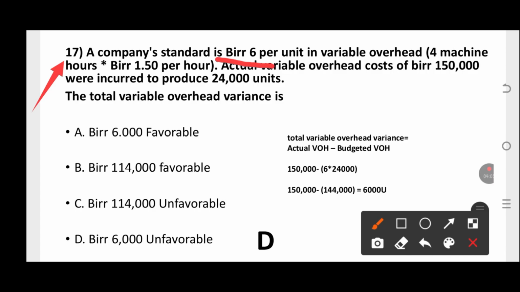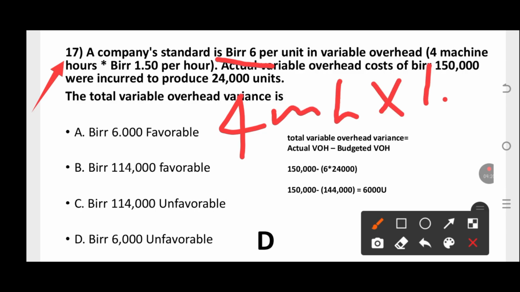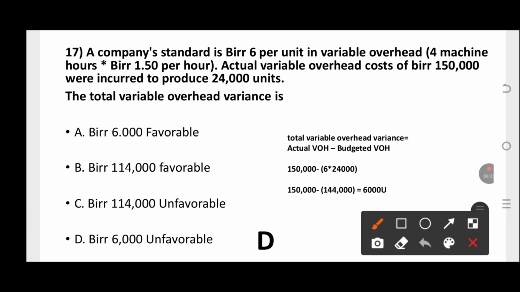In variable overhead, it is 4 machine hours times 1.5 per hour. This means 4 times 1.5, which is basically 6 per unit. This is a given.